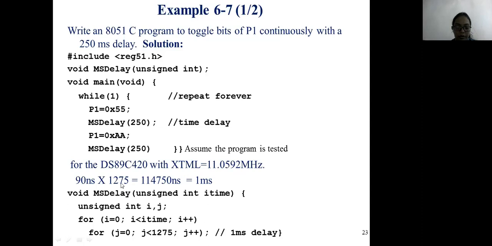If the count given to you is 1275, then the total time will be 1 millisecond. So this is the delay program for 1 millisecond. If this delay program is already defined, then you can directly use this delay function here. This way you will write the program for delay.